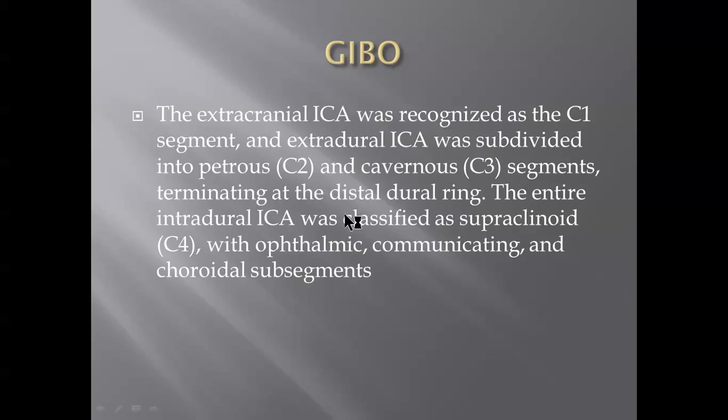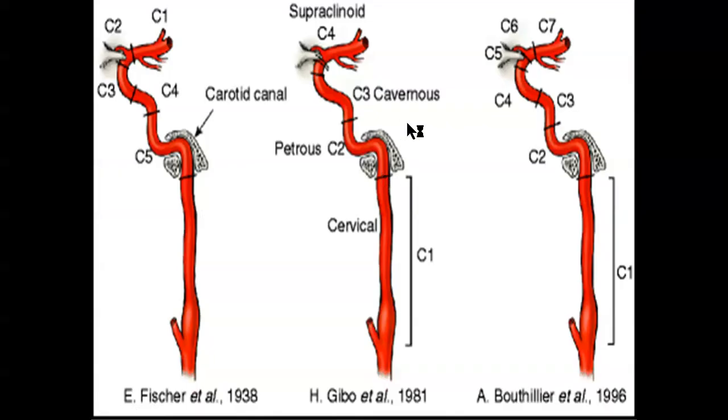Now it's all about what Gibo exactly defined. So Gibo, what he did, the extracranial ICA, internal carotid artery, was represented as the C1, and the extradural was subdivided into Petrus and cavernous segment. So this one is all extracranial cervical area because it hasn't reached the skull base yet.